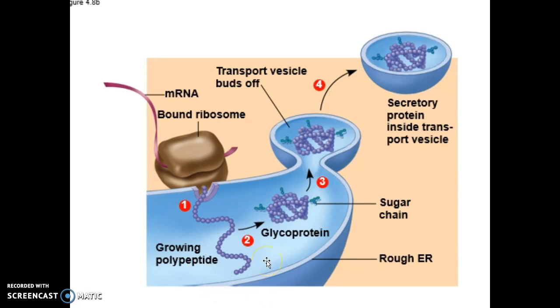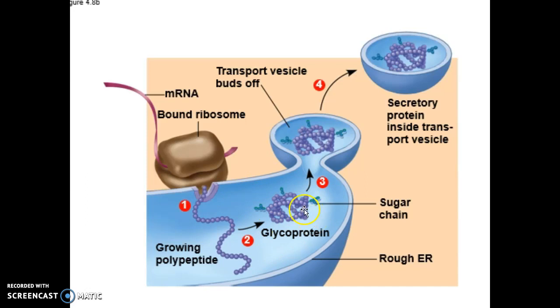In this particular diagram, you see the protein is getting modified by adding sugar residues. Sugar chains are being added to the protein, and therefore this protein gets called a glycoprotein. Glyco for sugar. The glycoprotein, when its manufacture is completed, gets ready to be transported to the rest of the cell.